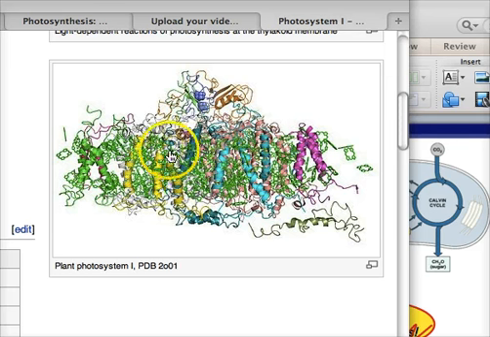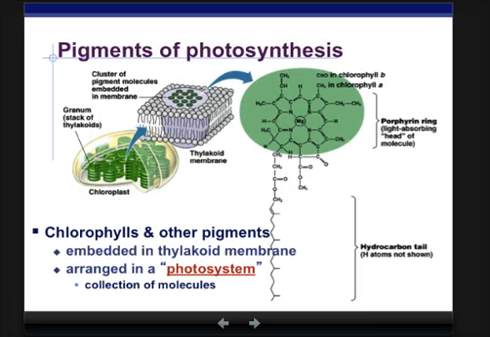You see a lot of different proteins, and all this green back here is the chlorophyll. But of course, you can have other pigments as well. It's called a system because it's a mass of different kinds of molecules. So there is a structure and function relationship between how everything's arranged in a photosystem.